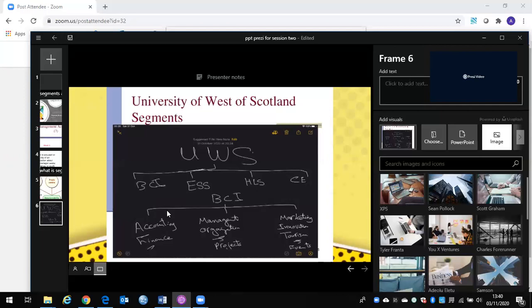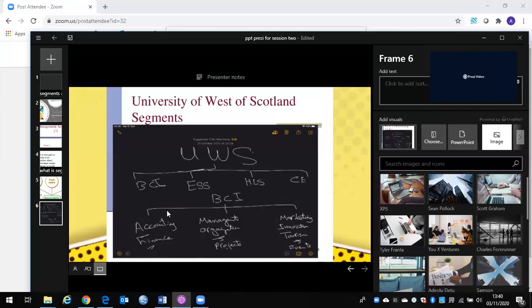Let's talk about Paisley or Lanarkshire or Ayr. There are some traceable costs, and there are some common costs. The common cost is common for the whole company, which is the whole of UWS. But there are traceable fixed costs for each segment or each division.